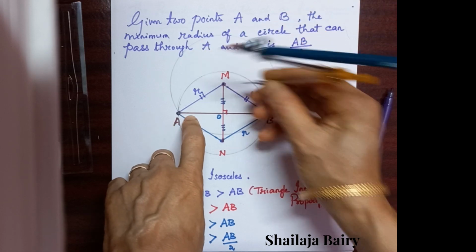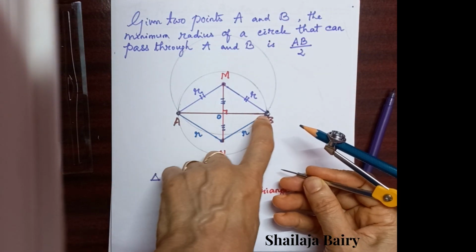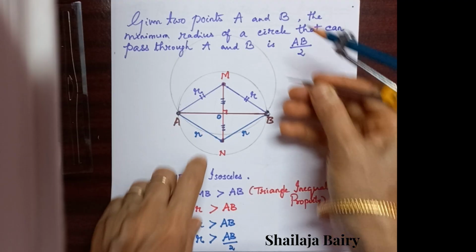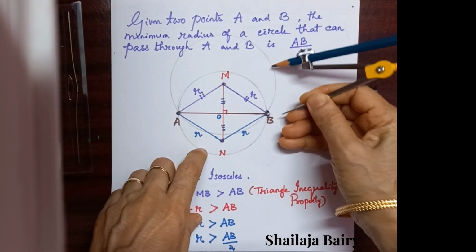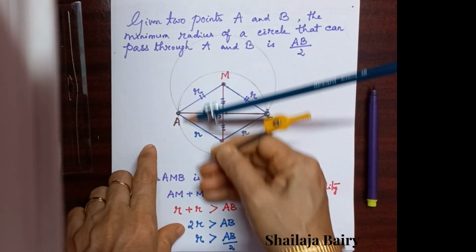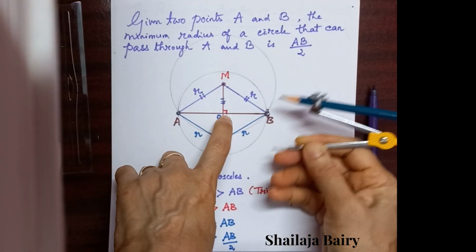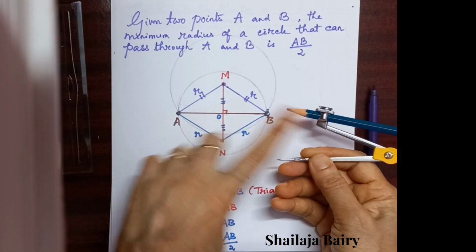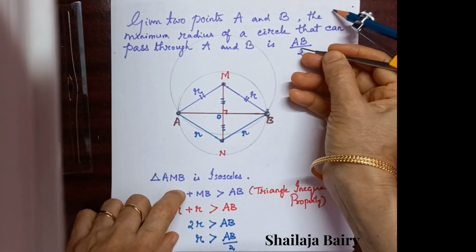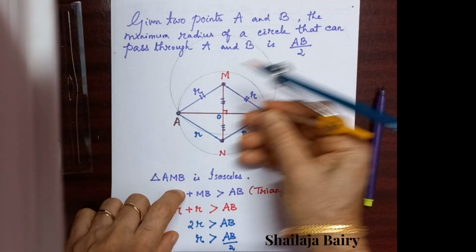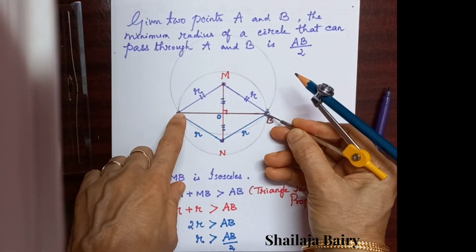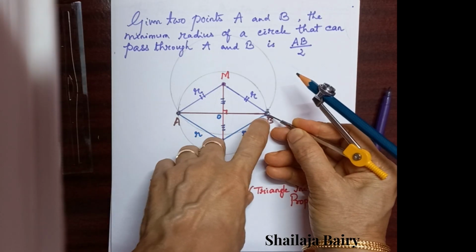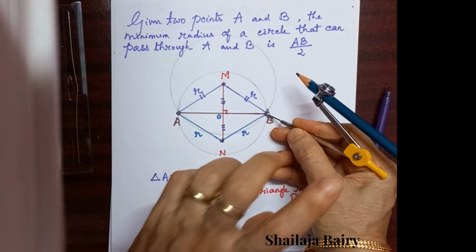But obviously it's a chord now. AB is just a chord, not the diameter, for this bigger circle, whereas for the first circle we drew with half of AB as radius, AB became the diameter. So obviously less than half of AB is not going to allow us to have A and B both simultaneously on the circle.